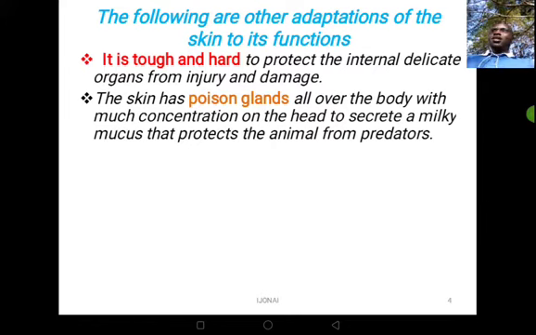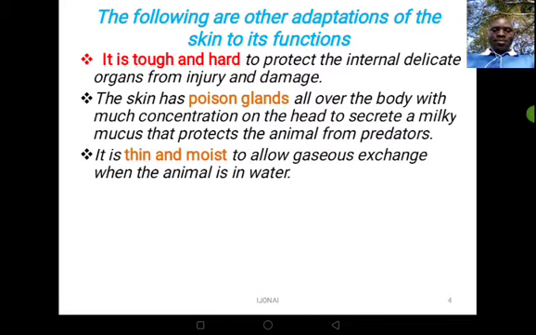That milky substance that is produced by those poison glands is poisonous and deters predators like snakes that usually attack them. However, this one is majorly in toads.